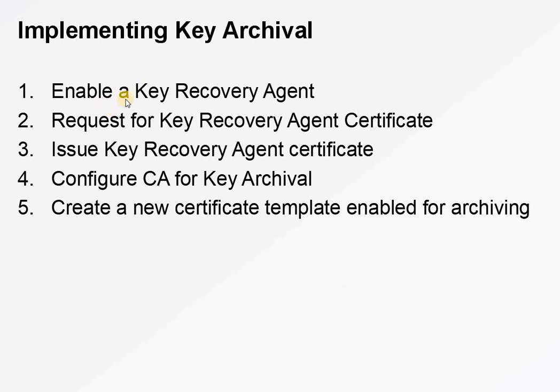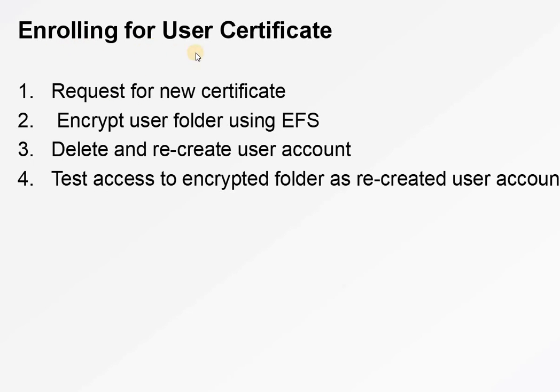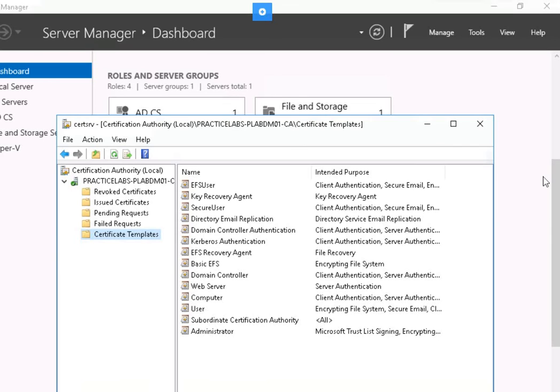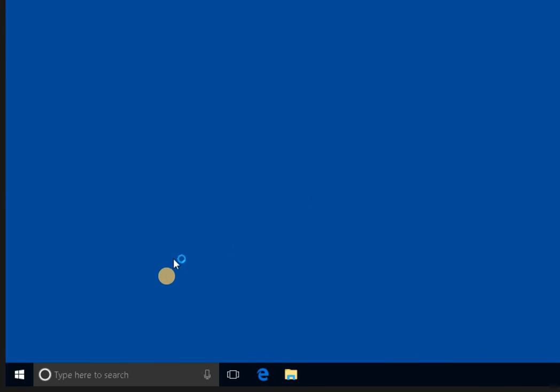So now let's move on to the next task, enrolling for user certificate. So first we will see request for new certificate. So we signed in as a regular user, right? So first we're going to check this on a Windows 10 machine. So now switch to Windows 10 machine. So this is a Windows 10 machine.